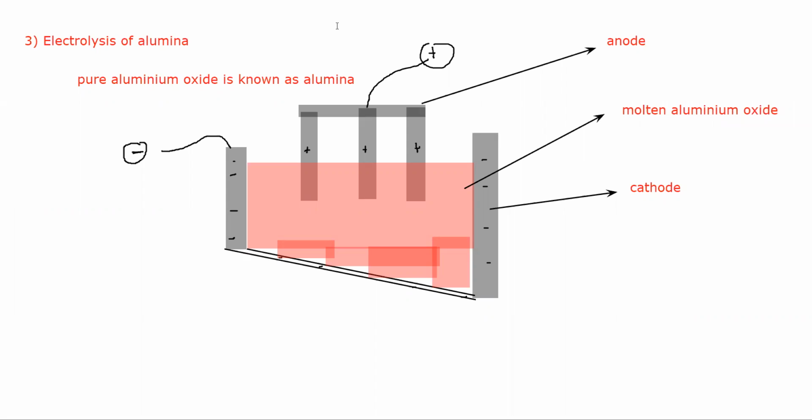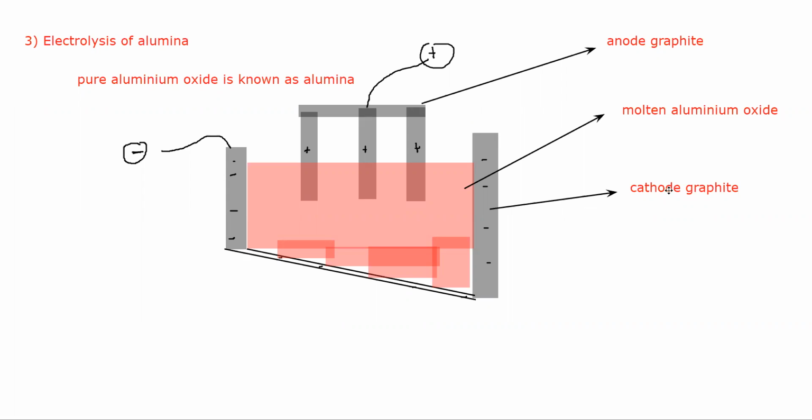And the anode is made up of an inert electrode, meaning graphite or carbon, and the cathode is also made up of an inert electrode, which is graphite. Platinum can be used, but platinum is expensive, not reactive. That's why we don't prefer to use platinum. We use graphite because it's cheap and it can also conduct electricity, so it can be used as an inert electrode.